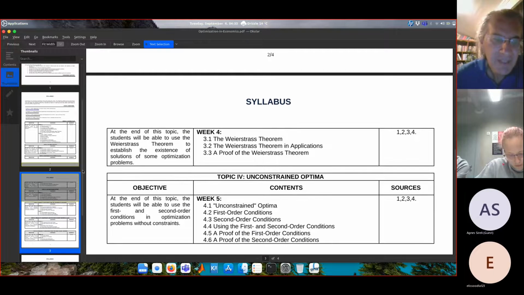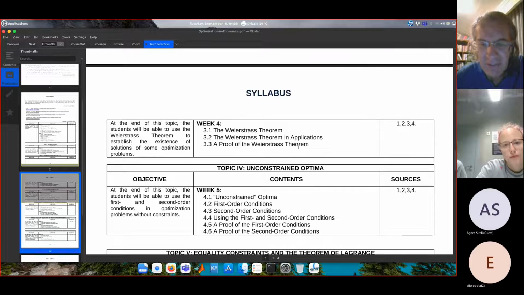The objective is, at the end of this topic, the students will be able to use the Weierstrass theorem to establish the existence of solutions of some optimization problems. In week number 4, we are going to cover the Weierstrass theorem. We're going to prove it. We are going to see some applications. And as I said before, we are going to establish a proof for this theorem.